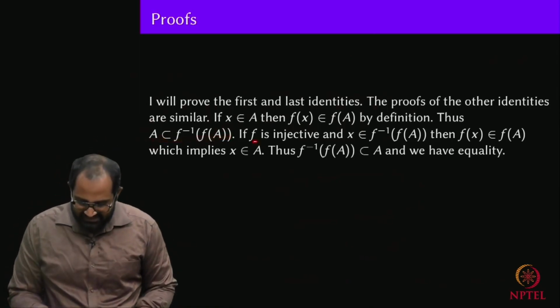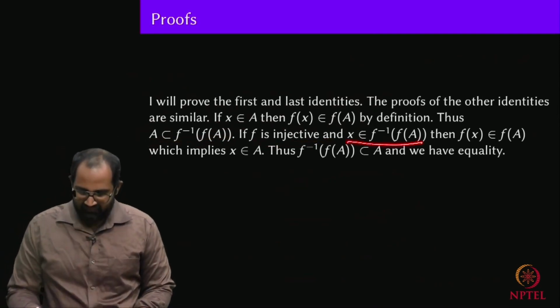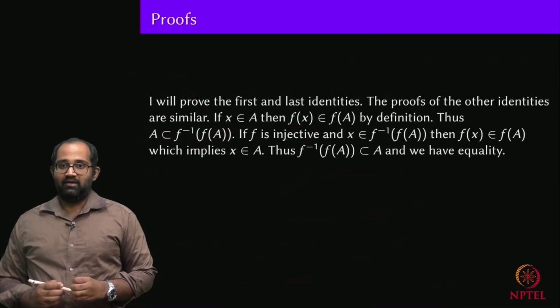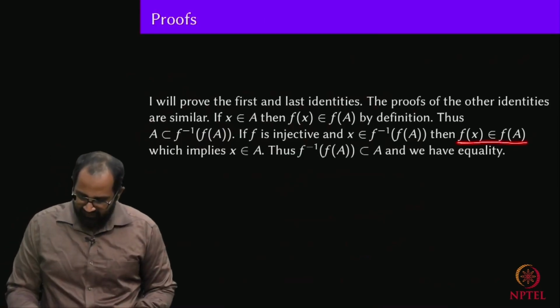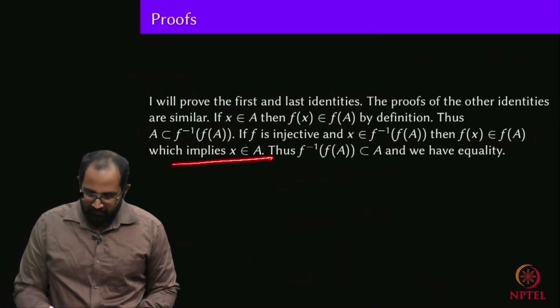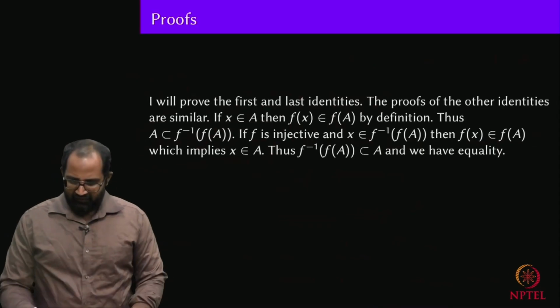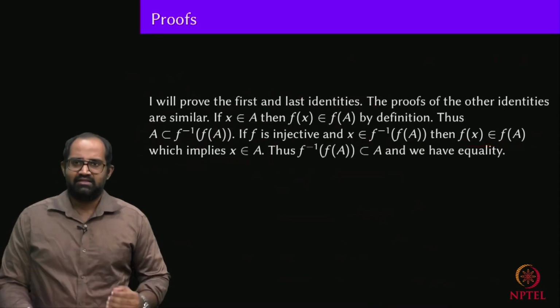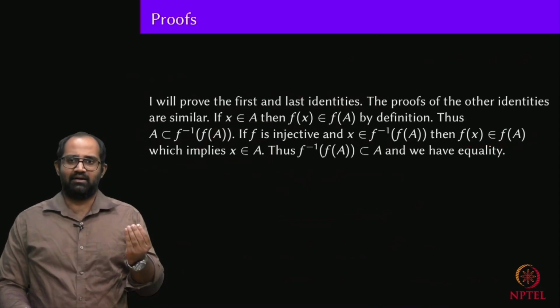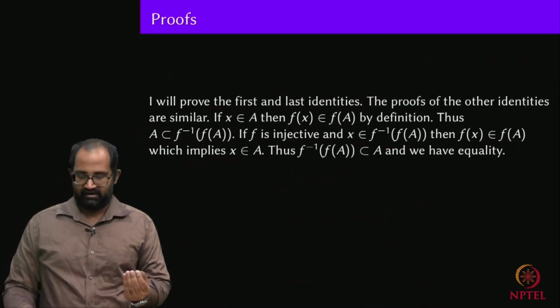If f is injective and you have an element x in f inverse f of A, then by definition f of x is there in f of A, which means x must be in A. Why is that the case? Well, if f of x is in f of A, then there is some element, let us say little a in A, such that f of a equals f of x.